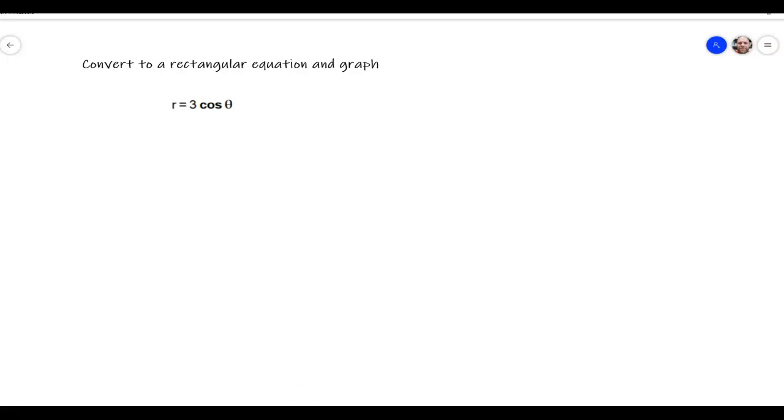Okay, so in order to convert this, we need to use some equations that we know. We know for the standard form of the circle that x squared plus y squared is equal to r squared.